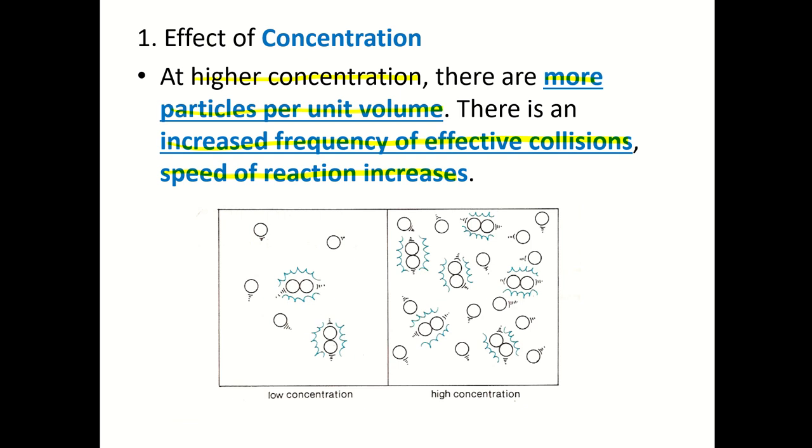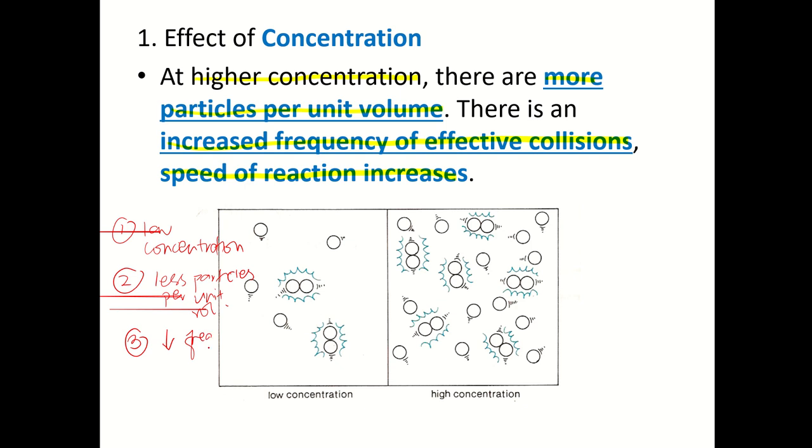So for example, for low concentration: 1, you state what is the factor. So low concentration. And 2, you state what happens to the particles. So it means there are fewer particles per unit volume. 3, what happens to frequency of effective collision?